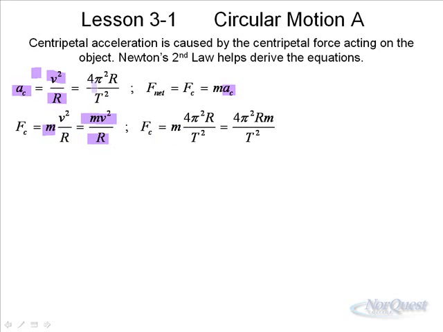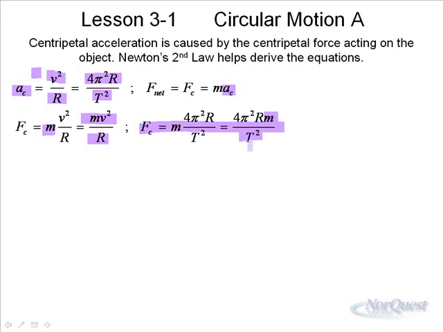If we multiply our other equation for acceleration, 4 pi squared r over t squared, by m, we end up with 4 pi squared rm over t squared. And again, not to worry about memorizing these, but understand what each of the terms mean. R is the radius of the circular path. M is the mass of the object undergoing that circular motion, and of course t is something we call the period of rotation.